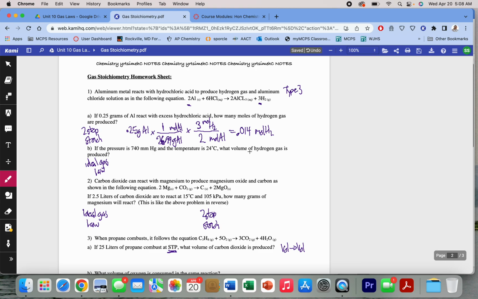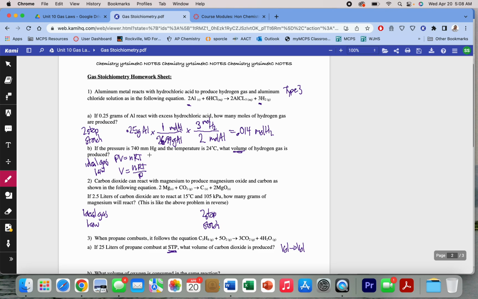Now, once I'm there, I can use the ideal gas law, and I'm looking for a volume, right? So again, PV equals nRT, but I'm going to use V equals nRT over P. And I need to have moles, liters, atmospheres, and Kelvin, right?